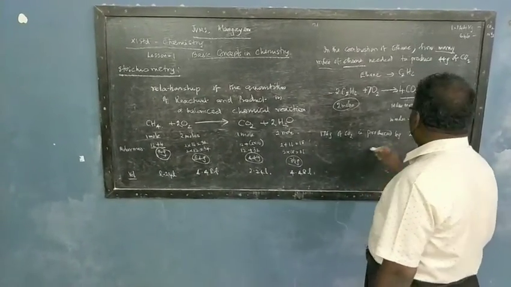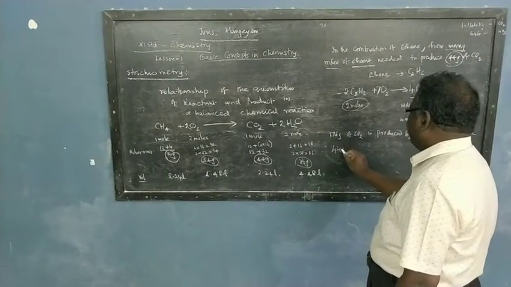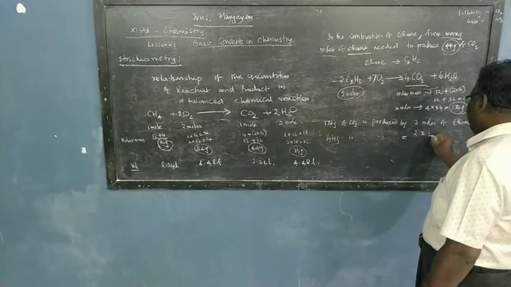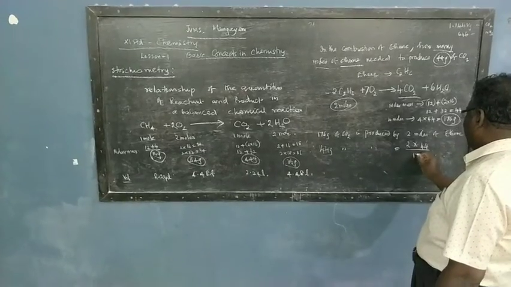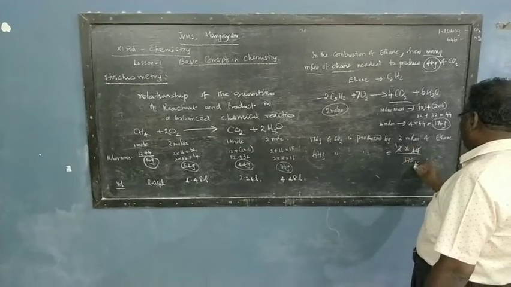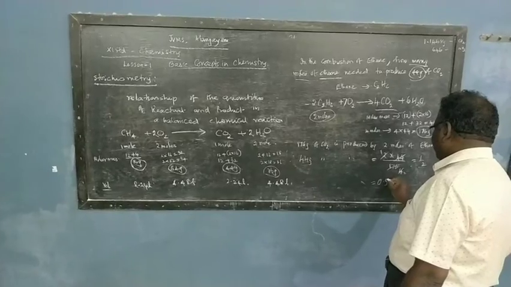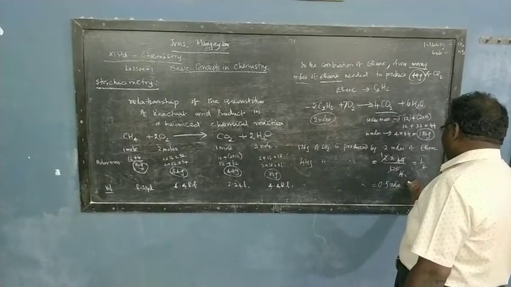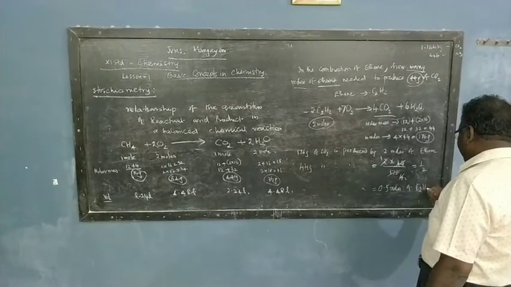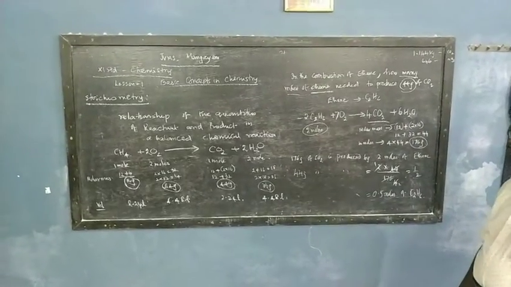Therefore 44 grams of carbon dioxide is produced by 2 into 44 divided by 176. So this will go 4 times, this will go 2 times. So this is half, 0.5. So 0.5 moles of ethane will produce 44 grams of carbon dioxide, right?